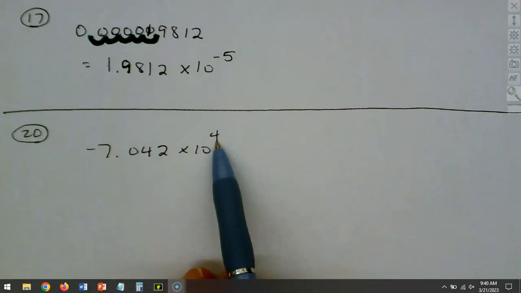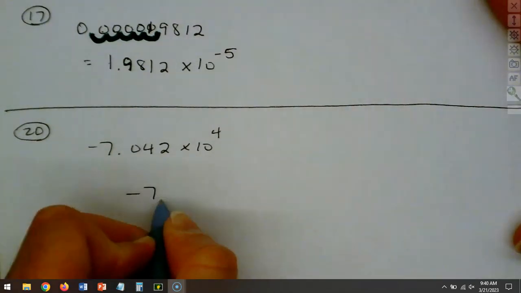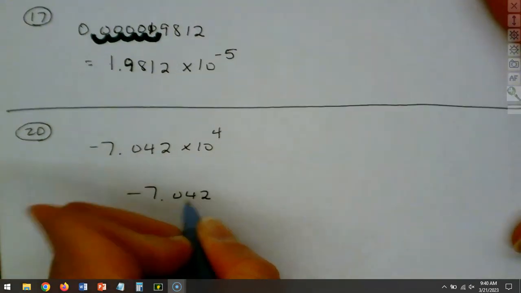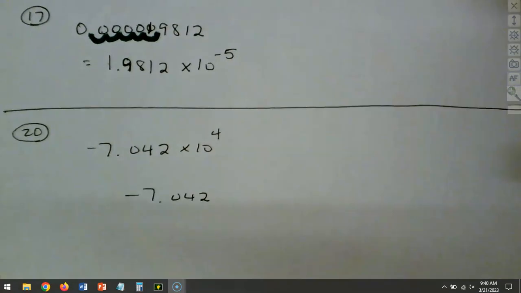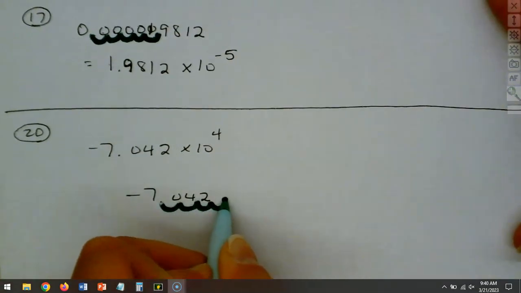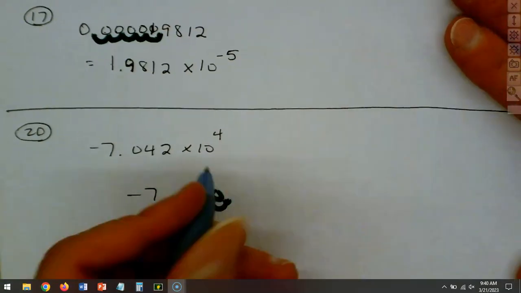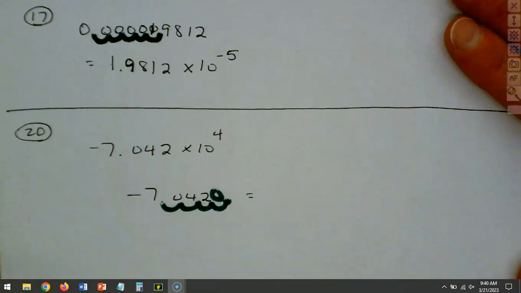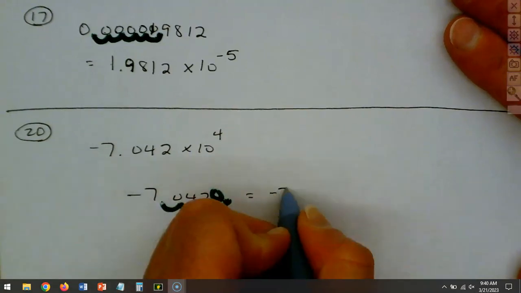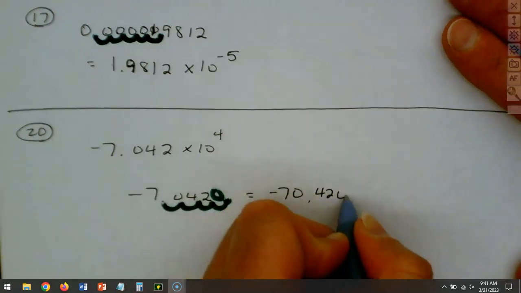Okay, so we're going to have to add on 4 zeros. So here we are at minus 7.042, and we're going to have to move this 4 places. So we're going to go 1, 2, 3, 4. And that negative is still along with it out in front. So that looks like that's going to be a negative 70,420.